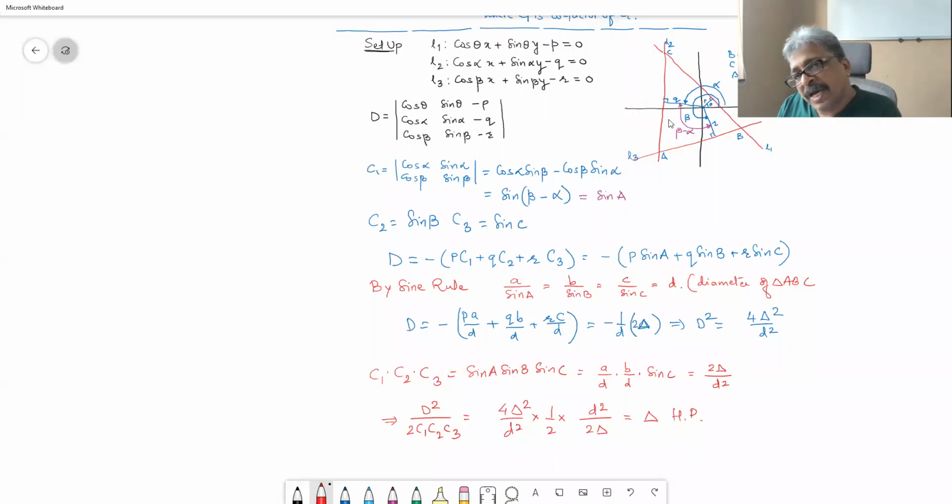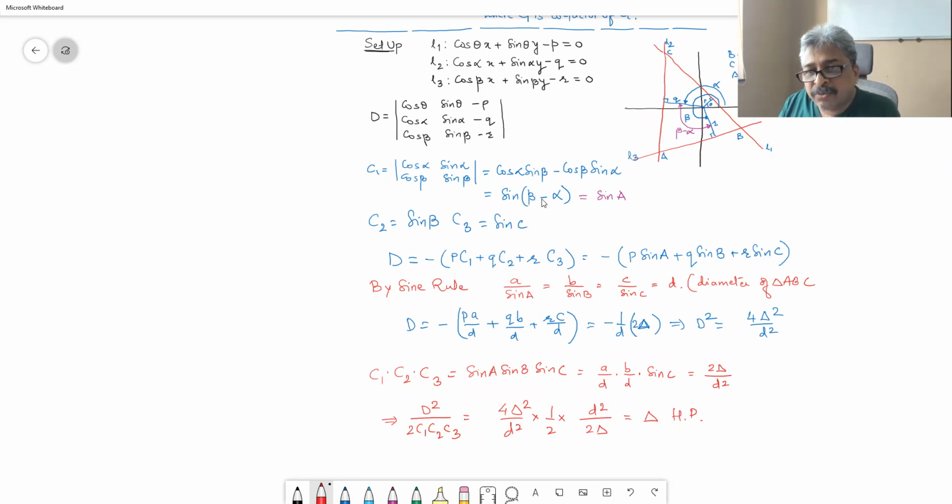Beta minus alpha was a direct angle here, but maybe when you take C2 and C3, you will get some other angle, which is 2 pi minus that angle or something like that. But eventually, if you use trigonometric simplification, C2 will be equal to sine B and C3 will be equal to sine C. So trigonometrically, they are going to be the same.